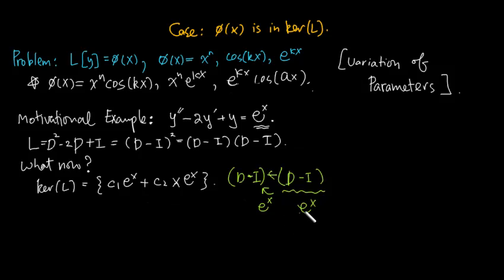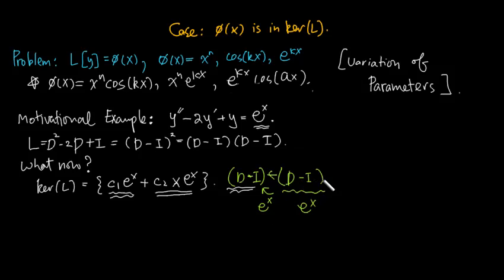Let me explain this part again. The way we understand this kernel is e to the x: if you go through the first operator, it dies. But there's another part, a factor in here, that after you go through this part will die. That's exactly what this says. But something will survive when you go through the second part of the operator, and then it dies there. Everything that dies in the second first order operator is made out of e to the x.